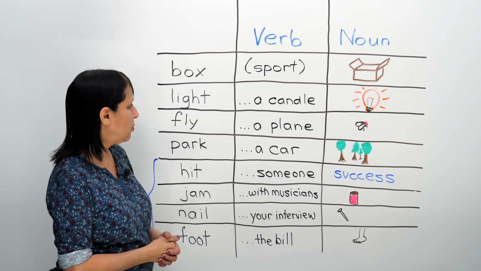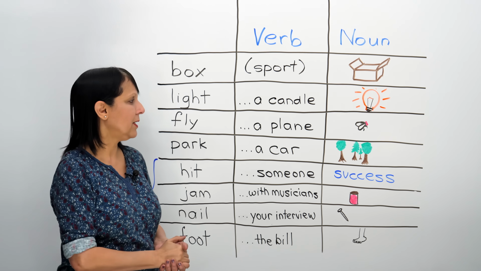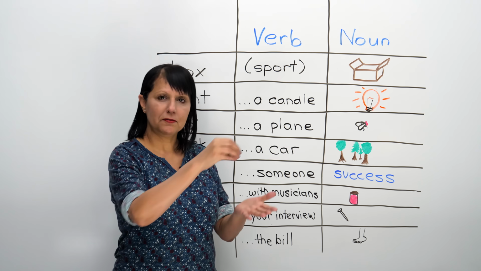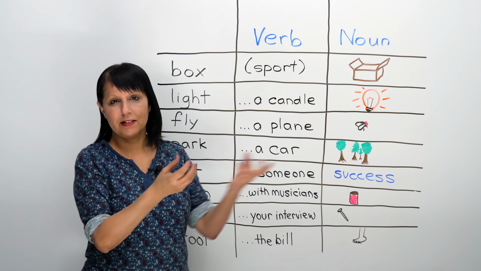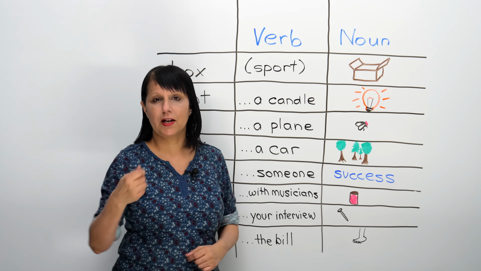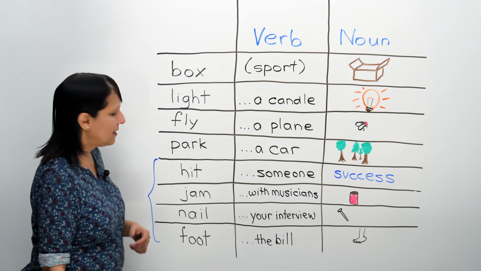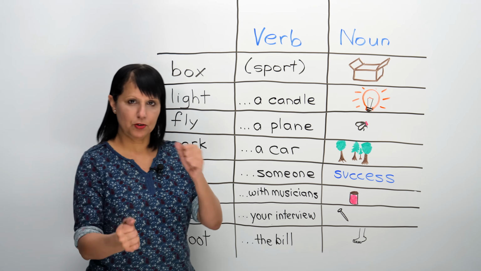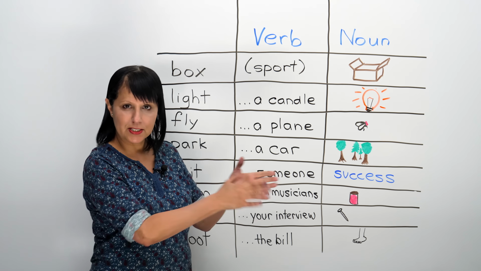Let's look at the simple word fly, like to fly a plane, to fly a kite, okay? But a fly sat on the table, okay? So a fly as a noun is very different from fly as a verb. Let's look at another simple word, park. So you park your car, right? In the parking lot or in a parking space.